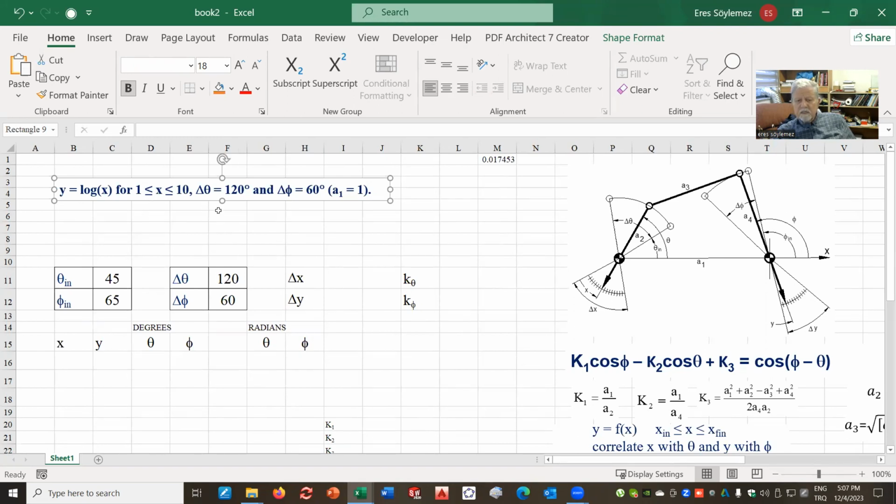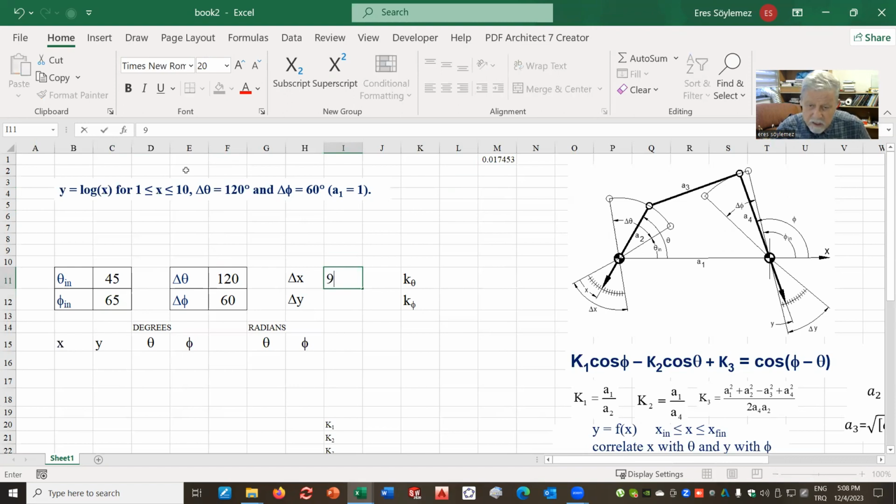And I will select delta theta as 20 degrees, delta phi 60 degrees, and A1 equal to 1. Initially, I will select theta initial 45 degrees, phi initial 65 degrees. Delta phi will be 60 degrees. Delta x will be equal to 9, as you can see, 10 minus 1, 9.